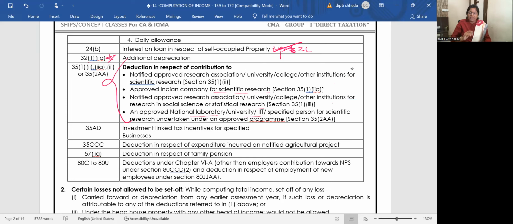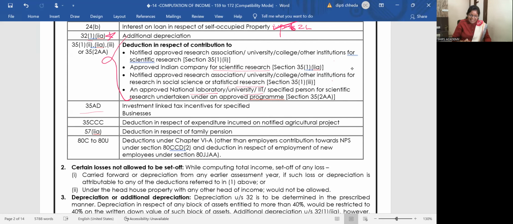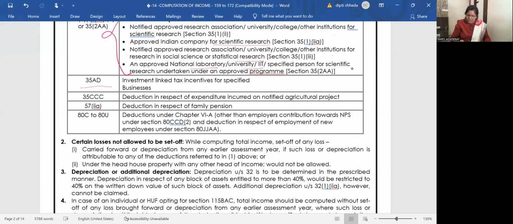In short, no deduction for scientific research. Section 35D, specified businesses, revenue and capital expenses fully allowed, 2-star and above hotel, iron ore, multi-speciality hospital, housing, slum development, all that. Investment linked tax incentive for specified businesses is not allowed. Deduction in respect of expenditure incurred on notified agricultural project, skill development project, agricultural project, which was 100% allowed, is also not allowed.